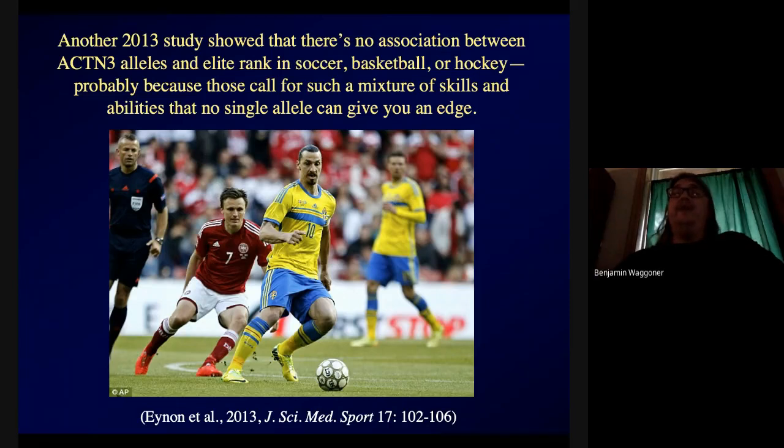And some players might be a little better at one or a little better at the other. So maybe there are some players that are great for making breaks, but they have to rotate out sooner or something like that. But there's no single allele that gives you an edge because you have to do several different things. And you have several different abilities that you have to call on if you're playing soccer or basketball or something like that.